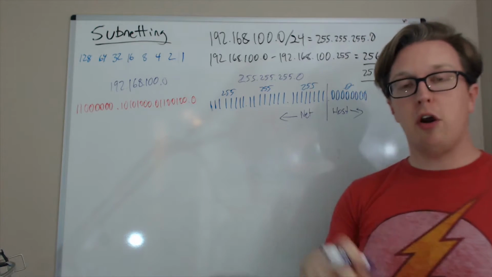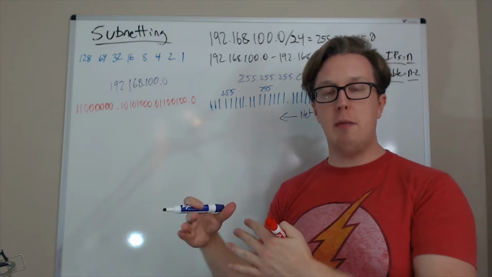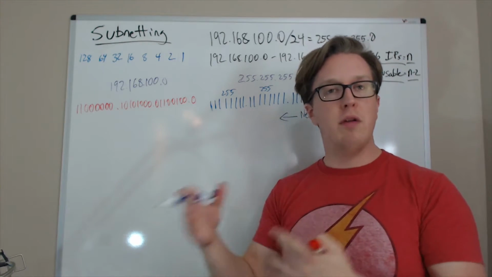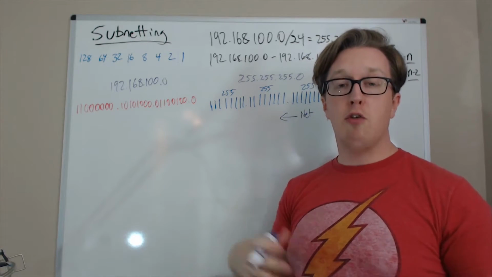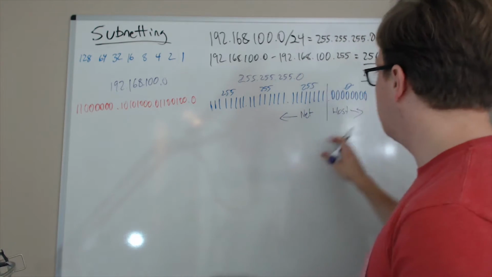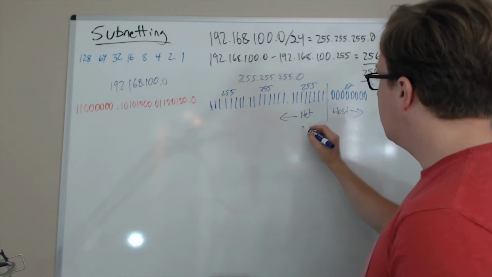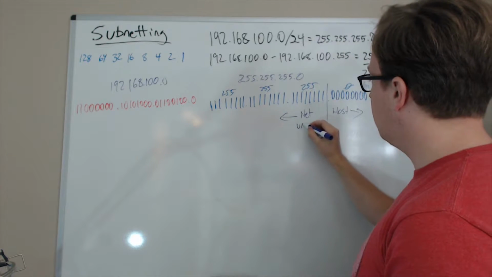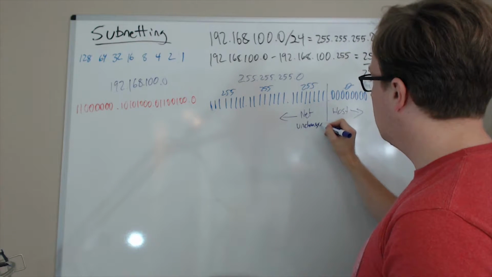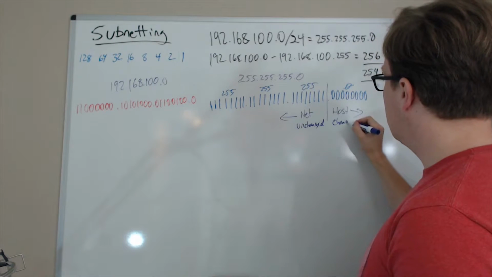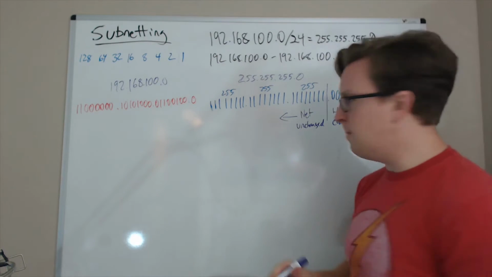So again, I was also talking about the binary, on or off, ones and zeros, network and host. There's also unchanged and changed. These are going to be unchanged. These are going to be changed. Now, what do I mean by that?